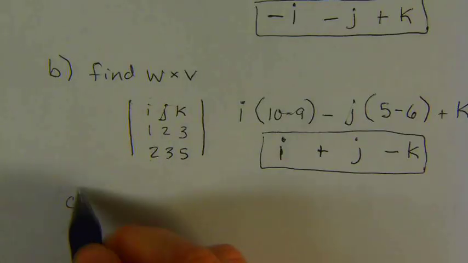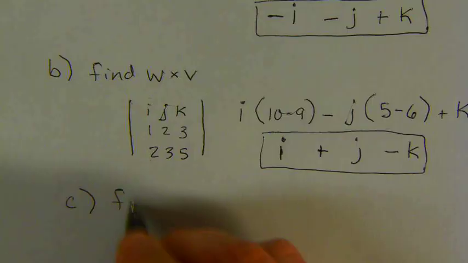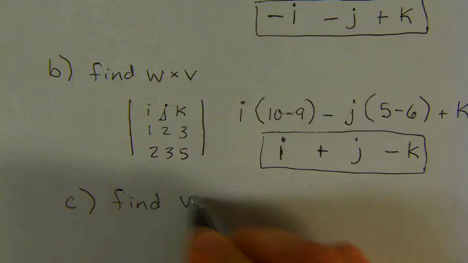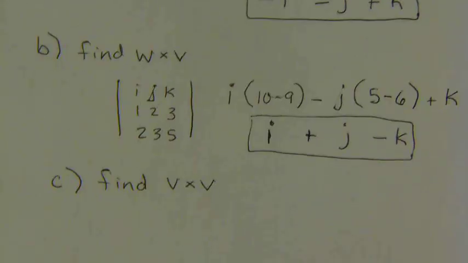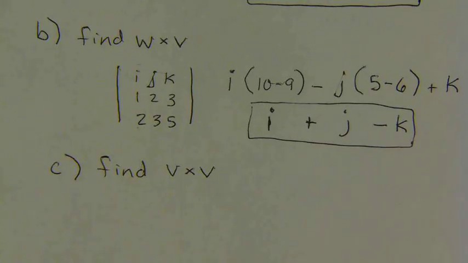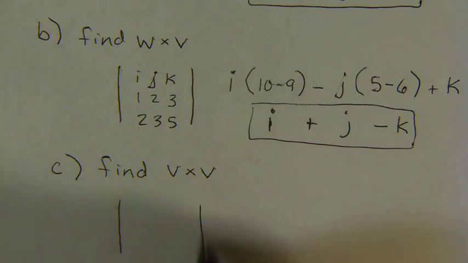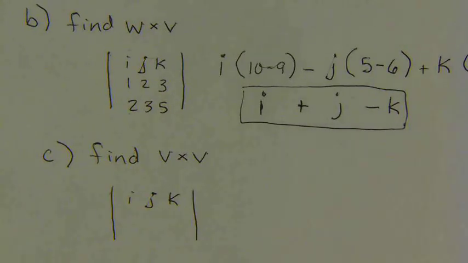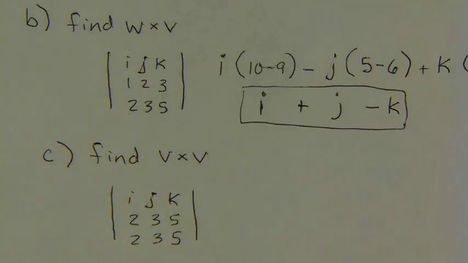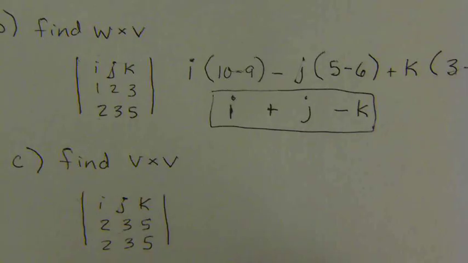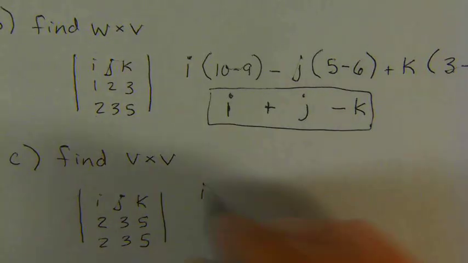Okay, part C. This last example is to find the cross product between the vector and itself. So when I do this one, I've got i, j, k. v is 2, 3, 5, so I'm going to do 2, 3, 5, 2, 3, 5. We'll go through the math on this one.